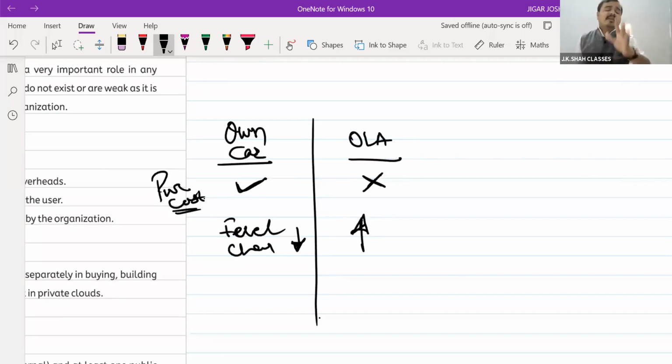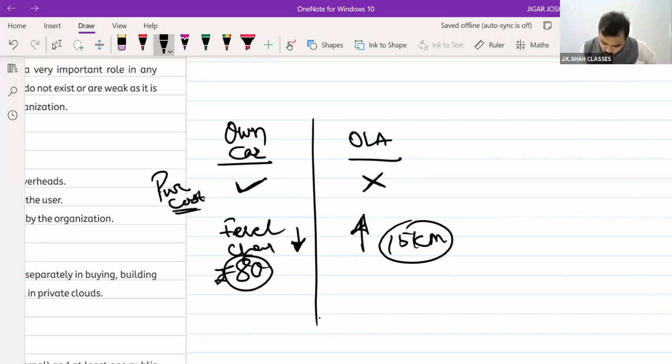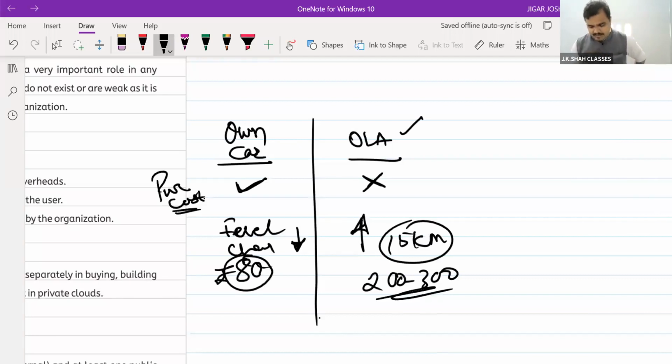Suppose you want to travel 15 kilometers. Your car gives 15 average, when 1 liter it goes 15 kilometers. Can I say that it will cost 80 rupees to you? Yes. But people, for going 15 kilometers through Ola, they will charge at most 200 or even sometimes 300 rupees to you. Yes, Kiran? Yes.